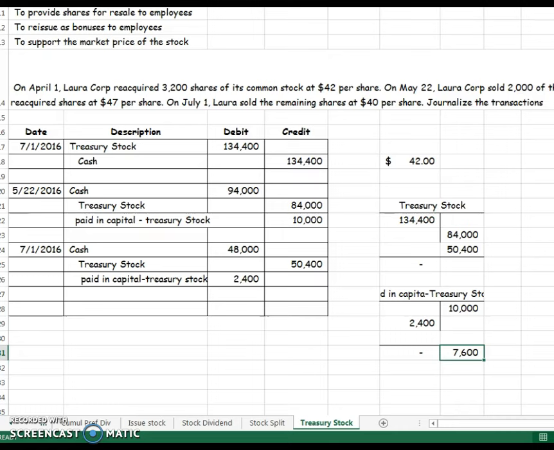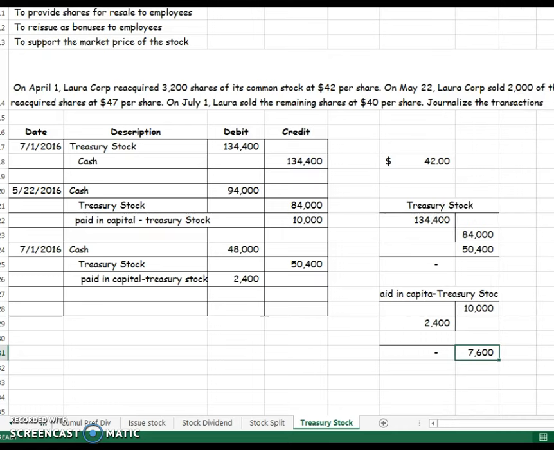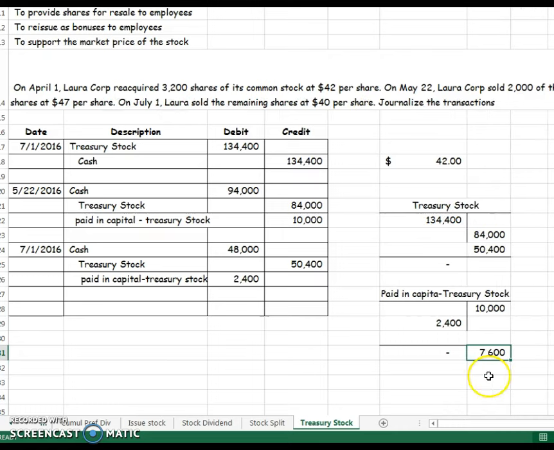So it's important to understand what this account means. This account is not a gain, it's not income, it's nothing more than extra money that I received for selling this for more than what I originally paid. And so it's going to come in as paid-in capital, additional paid-in capital. So that's how you're going to see this.